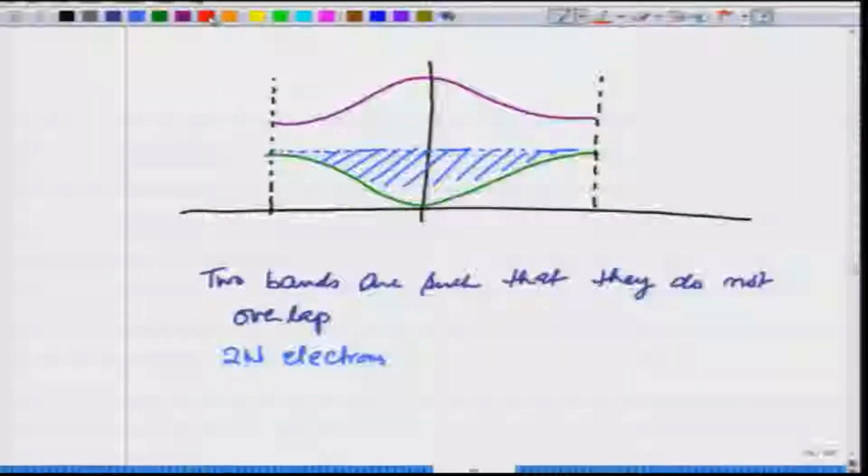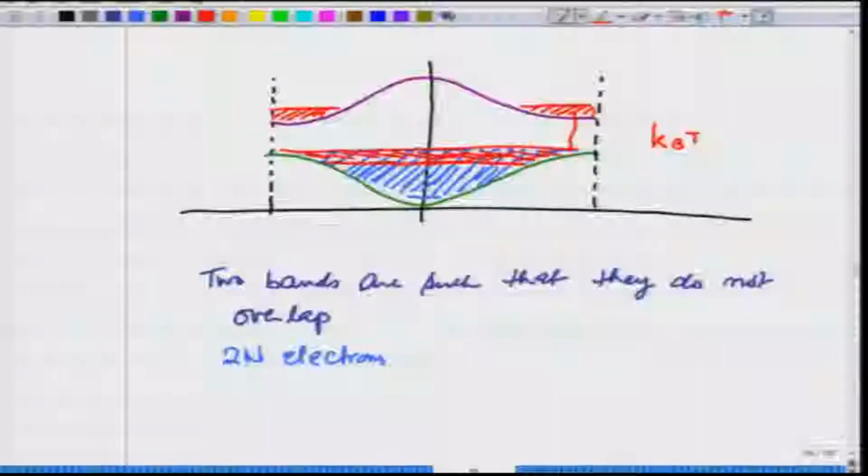unless the thermal energy kBT causes some of these electrons to move up, so that part of the upper band is filled, and in the lower band this part, the one shown by red, is empty. The only part which is filled is the one shown by blue. So, this is filled and this red part has become empty.